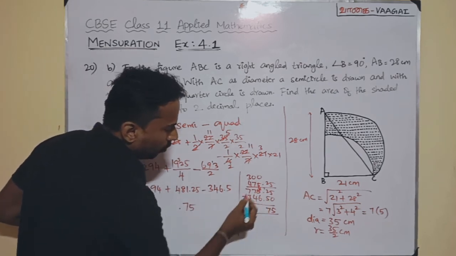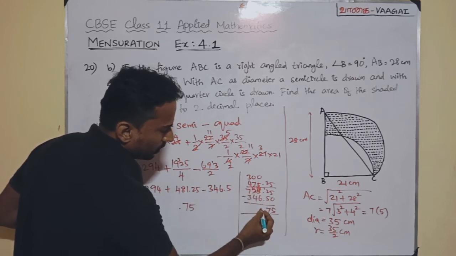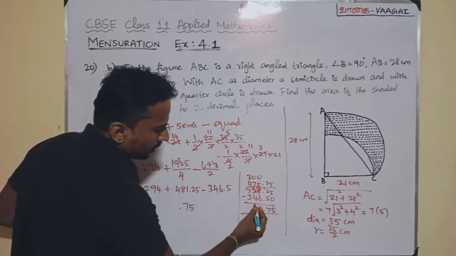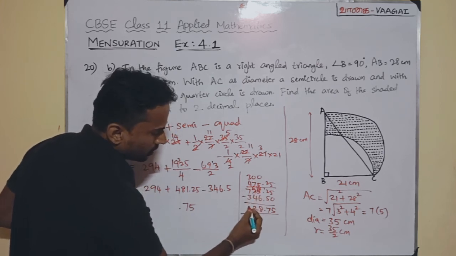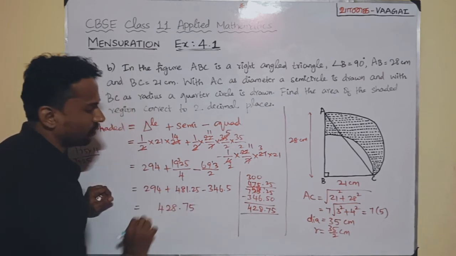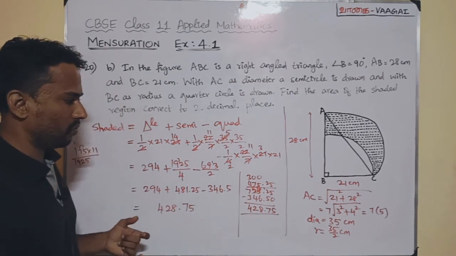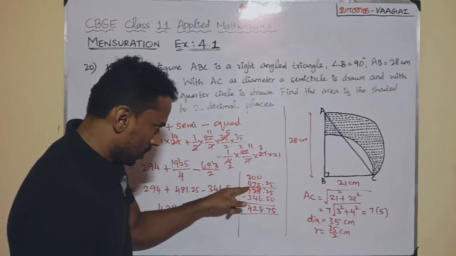Now I have 4 here, right? So 4 means I will make it as 14, so that this becomes 6. So 14 minus 6 will be 8, and then 6 minus 4 will be 2. 7 minus 3 will be 4. So 428.75 would be your final answer. Let me check it again carefully. 14 minus 6 is 8, and then this will be 6.